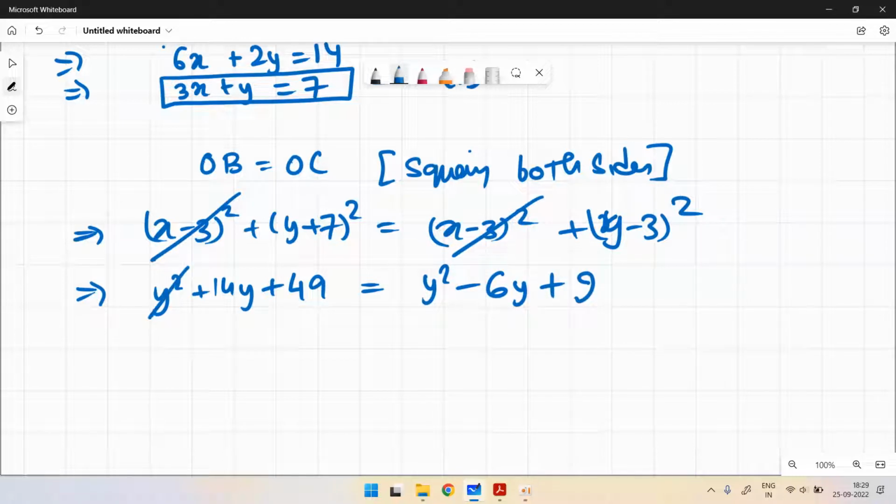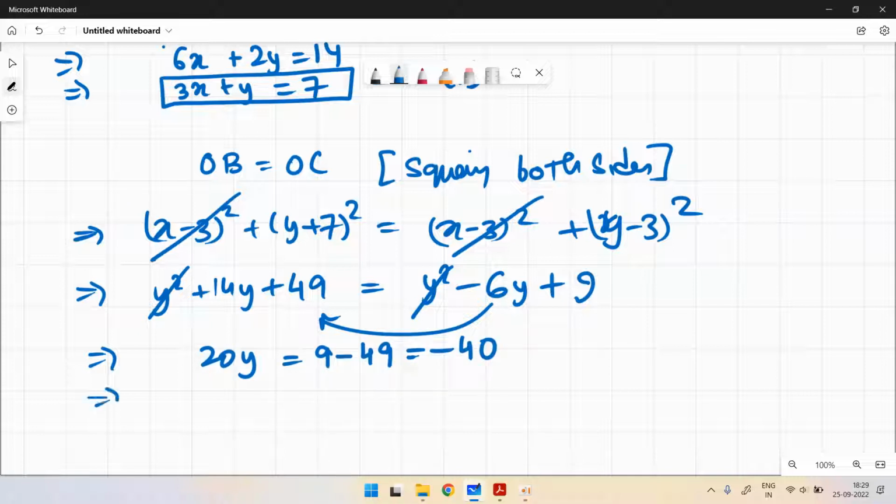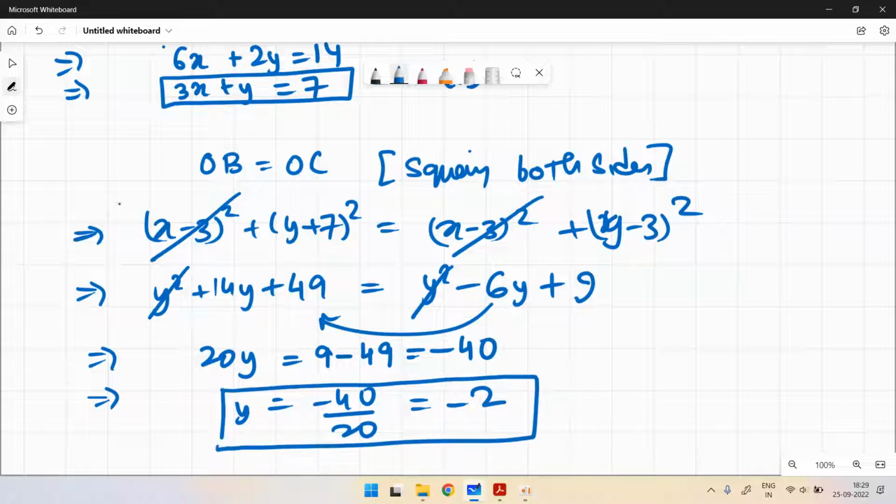Y square gets cancelled, and if I take this to the LHS, we get 20y equals 9 minus 49, so 20y equals minus 40, y equals minus 40 by 20, which is minus 2.